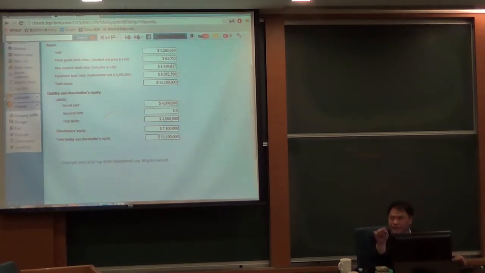So when the ratio reaches 10, you will go bankrupt at 11.1 million? Yes, when the total liability over the shareholders' equity reaches 10, you'll go bankrupt.